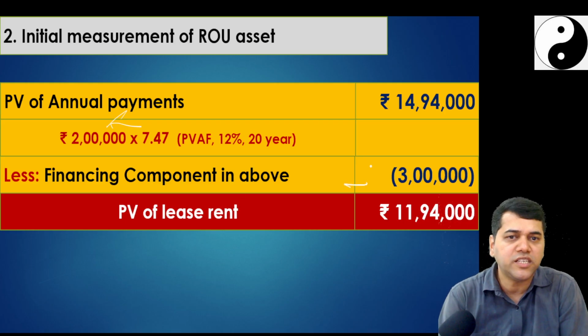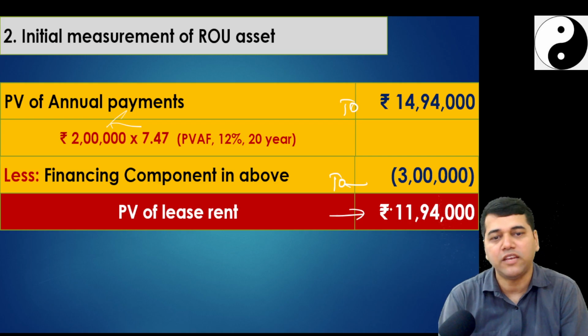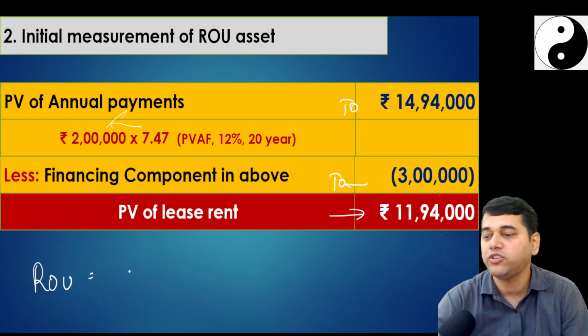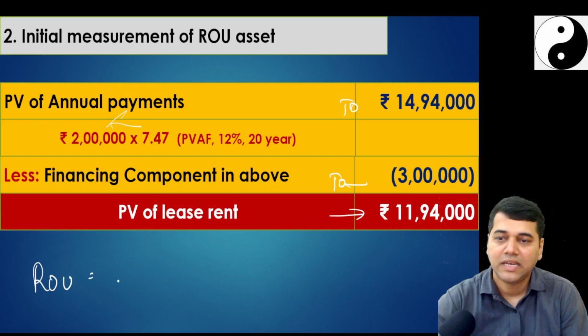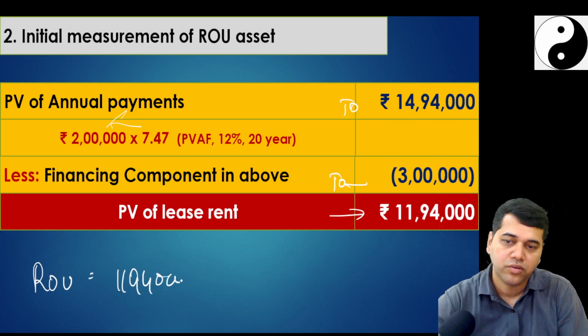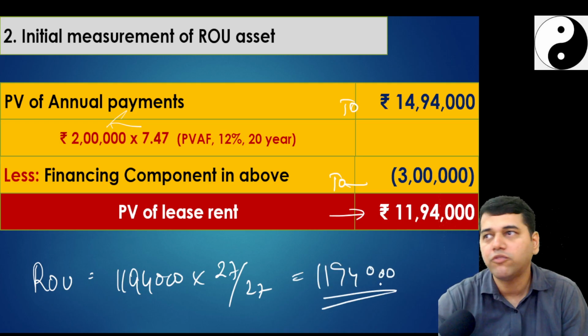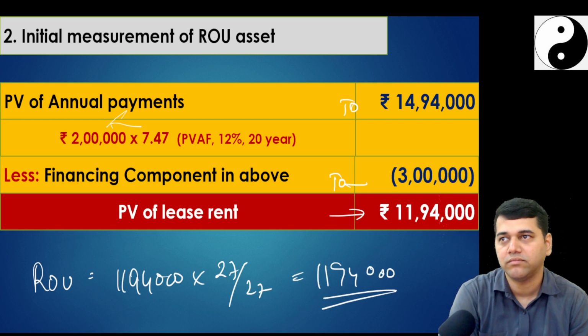So just deduct it, because this is time 0, and this is also time 0. Can you recognize this? No. ROU is equal to, in proportion to its book value, 11,94,000 into 27 by 27. See, if you have a book value equal to fair value, you don't have any headache.